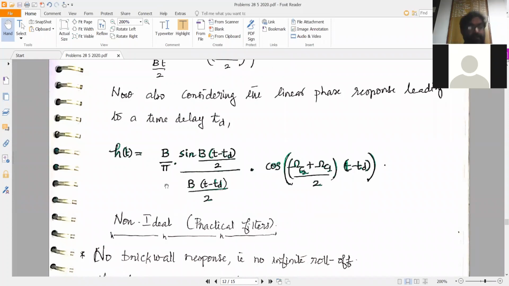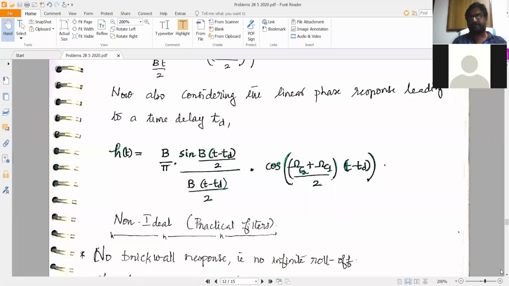For these kinds of ideal filters, you refer to this bandwidth as the absolute bandwidth. Absolute bandwidth can be used to represent filters that have a brick wall response.